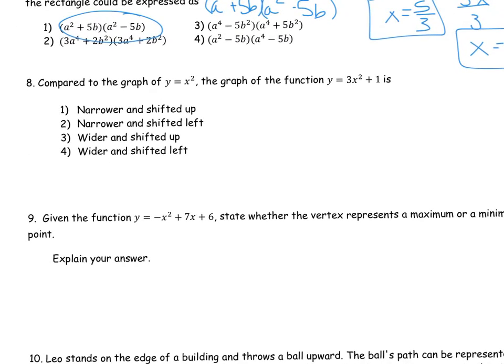Compared to the graph of x squared, graph the function 3x squared plus 1. It is narrower, shifted up; narrower, shifted left; wider, shifted up; wider, shifted left. All right, so if we graph that in the calculator, I'm going to put my parent function x squared in there.